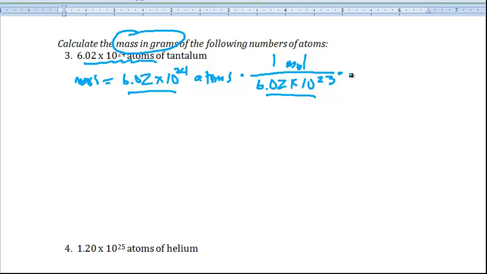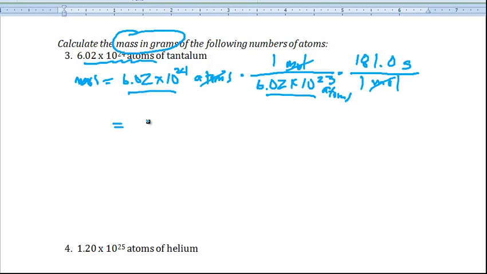Then we're going to take that, and to convert this to a mass, we have to multiply 10 moles by the molar mass. Tantalum's molar mass is 181 grams over 1 mole. The atoms cancel, whoops, I should have had atoms down here, and then moles cancel, and we're left with the gram.